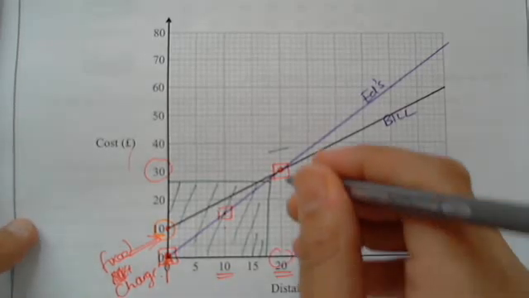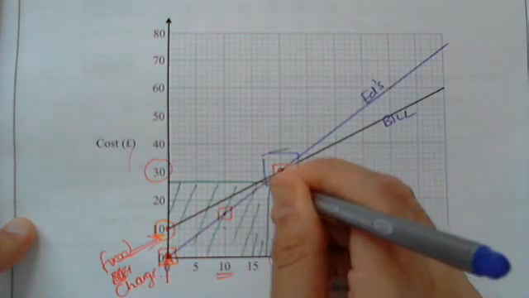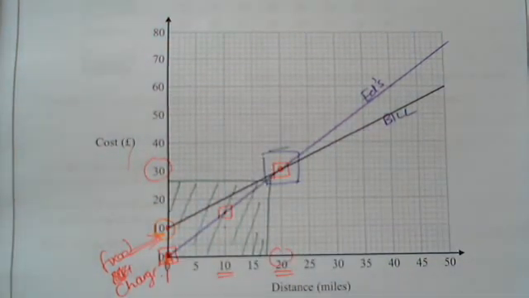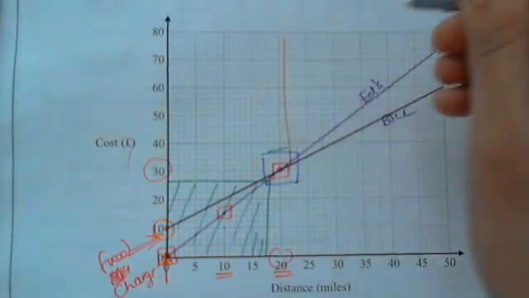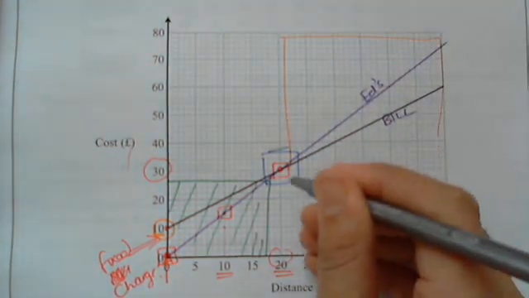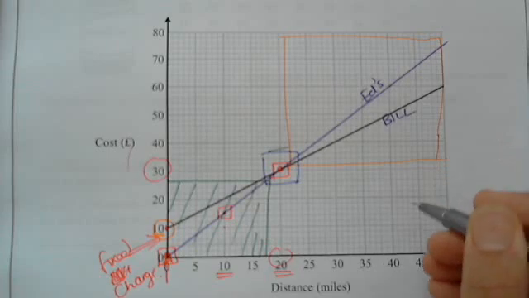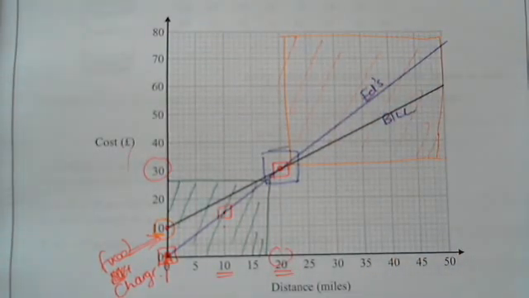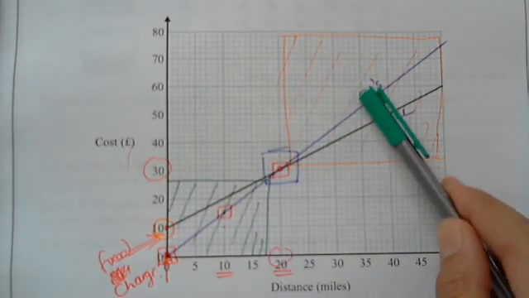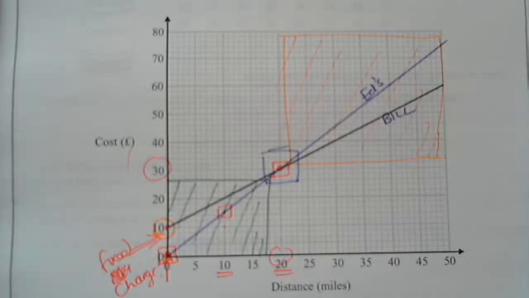Then we're going to look at the point where they actually intersect. And then we're going to look at the last section. So we're going to analyze these 3 sections, and from these we should be able to make a good comparison.